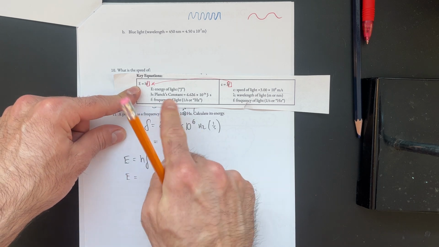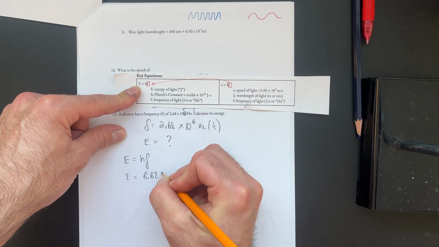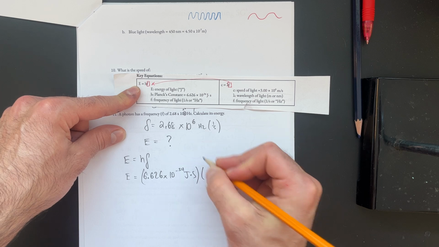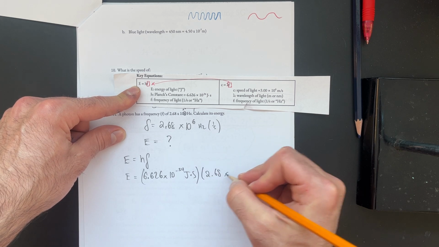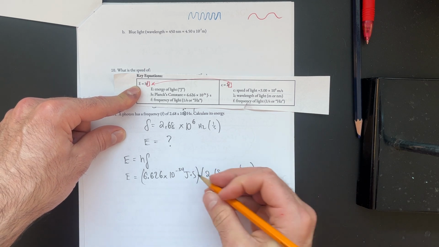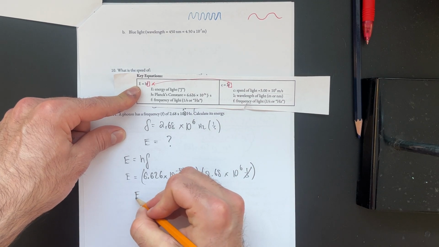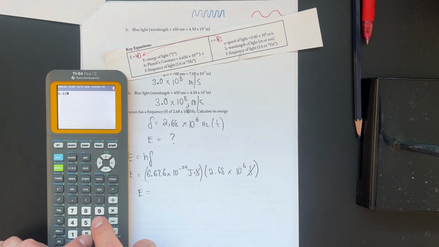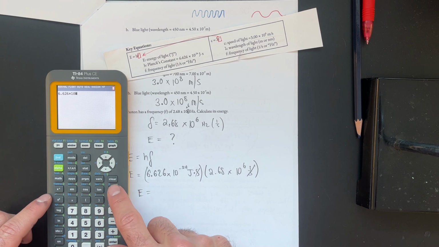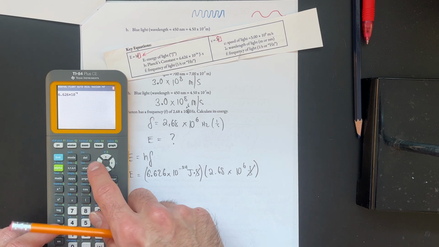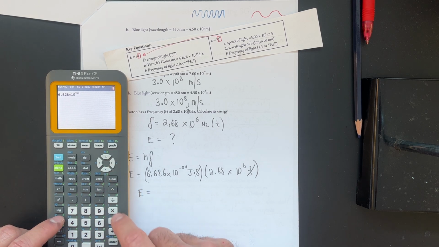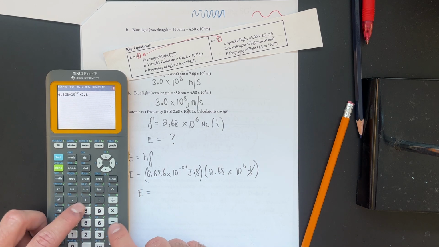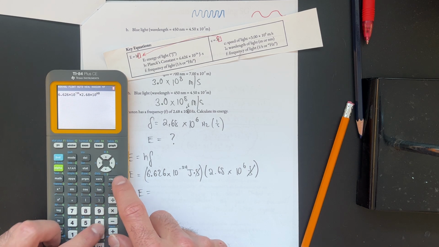E is therefore equal to 6.626 times 10 to the negative 34 joule seconds. Frequency is that. I'm going to use 1 over seconds here so that I can see these cancel. And therefore energy is going to be equal to 6.626 times 10 to the negative 34 times 2.68 times 10 to the 6th.